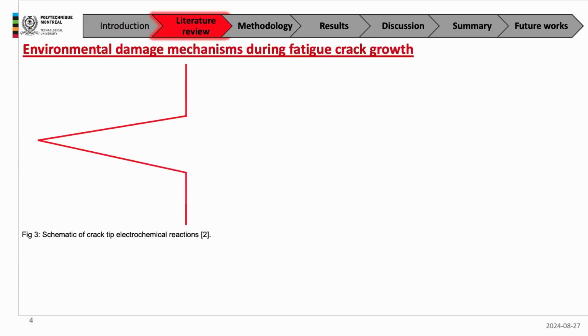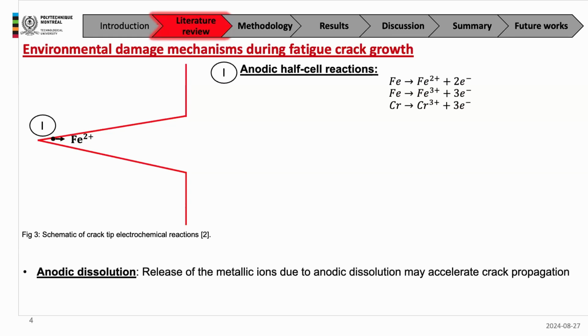If I want to give a brief literature review on the crack tip electrochemistry, what is going on locally at the tip of the crack: when the crack is formed and is propagating, the bare material at the tip is in contact with the environment, and we have the anodic half-cell reaction taking place, meaning the release of iron and chromium ions into the solution.